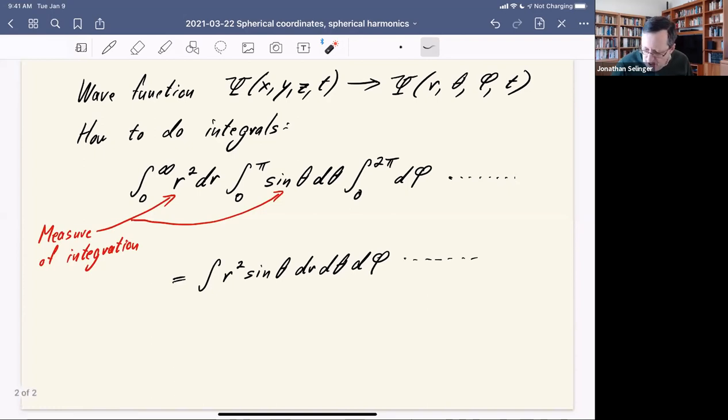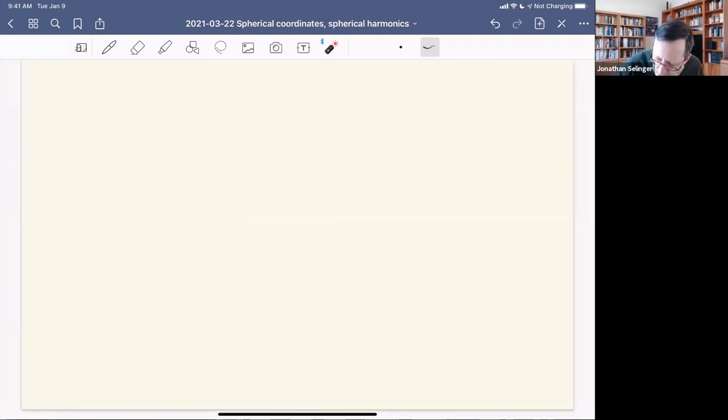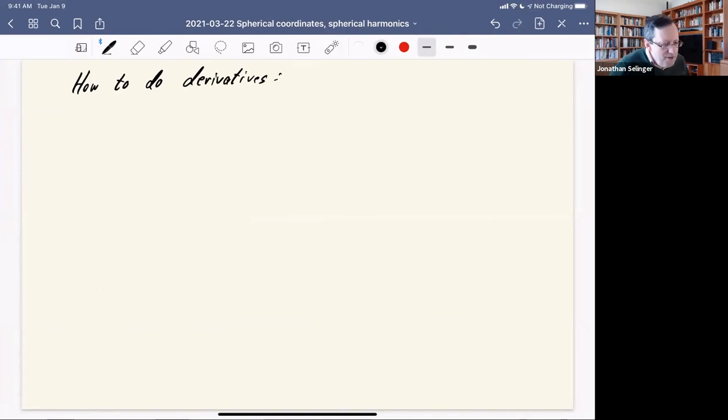Now, what about derivatives? Okay, so we'll say how to do derivatives. In 3 dimensions, we have all these vector derivative operators like the gradient and the divergence and the curl and the Laplacian, right?